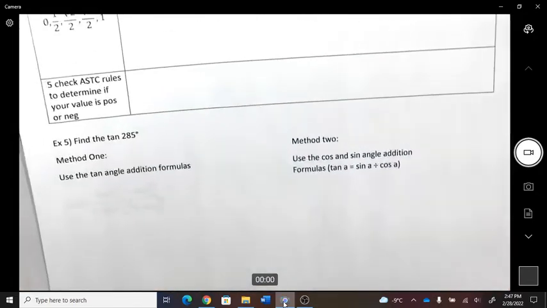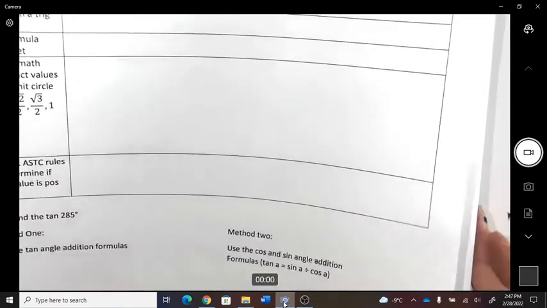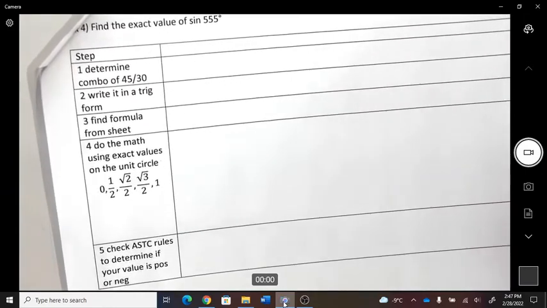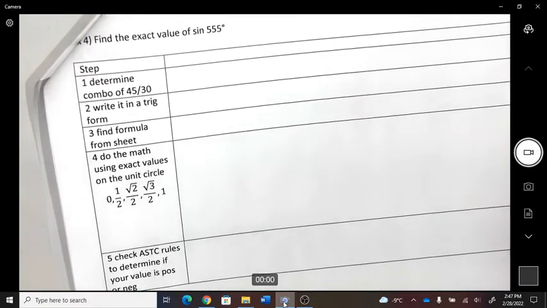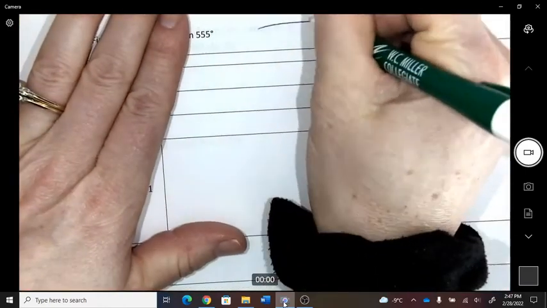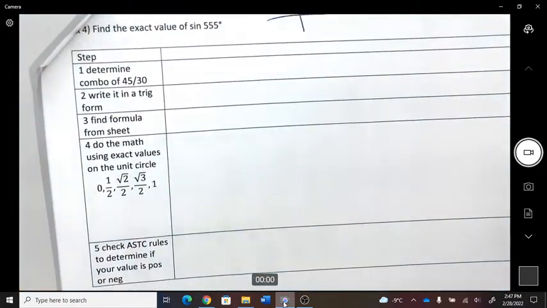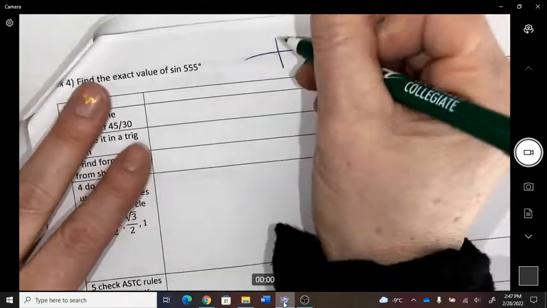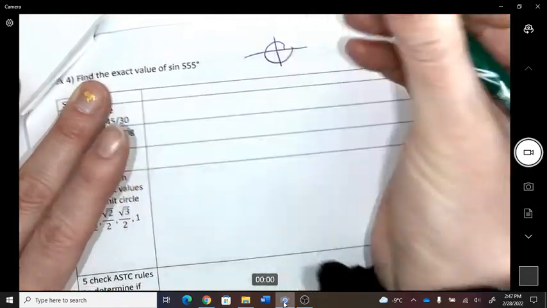Okay, one more. 555. Can you figure out, this is obviously going past 360, so I'm going to go full circle and then what?